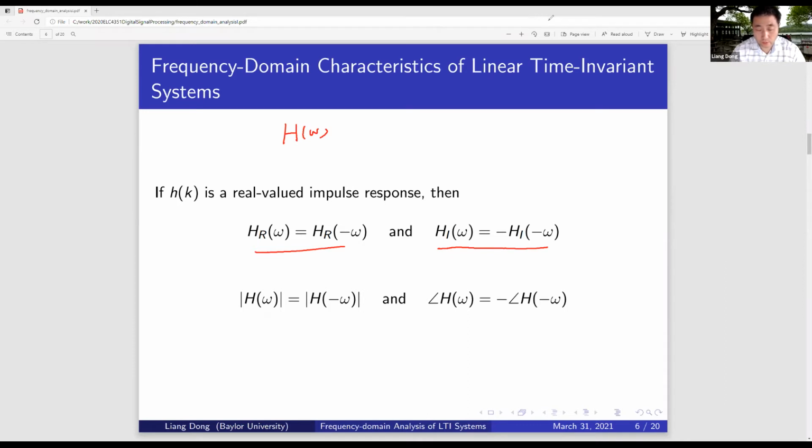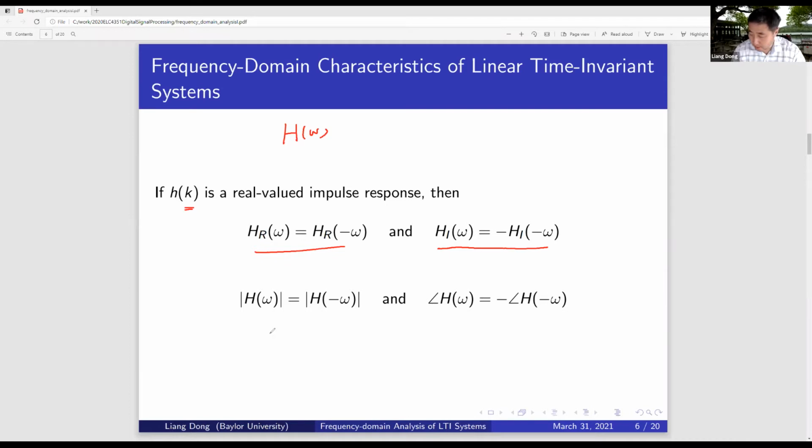What we are going to do is use the definition equation on the previous page for the Fourier transform, and you can easily find these two if h[k] is real. We also find that if I write this in polar form, then the amplitude is even symmetric. The phase angle is odd symmetric.